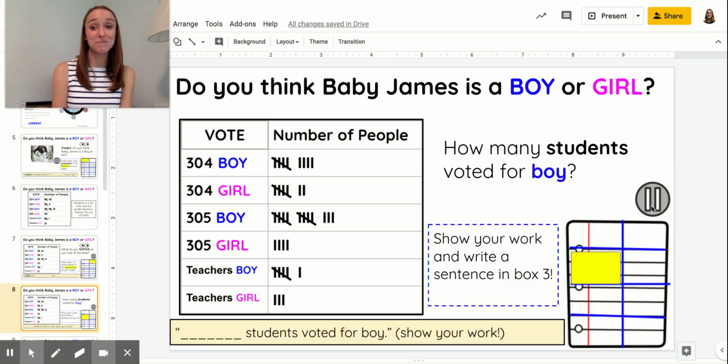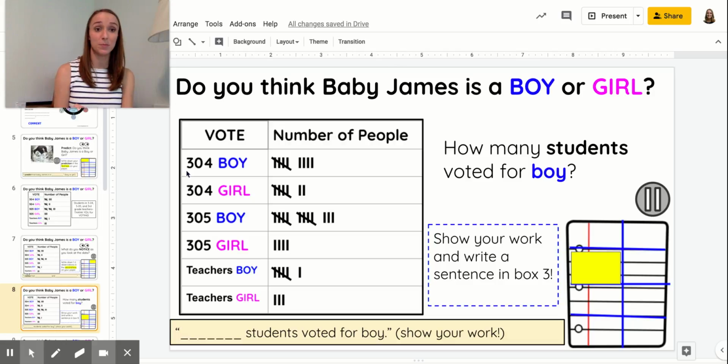All right, question number 3. How many students voted boy? Now, in this third box here, I want you to look at the tally marks. Look at the sections or the titles that are just talking about the students. And I want to know the total number of students that voted boy. Now, don't just write a number. I also want to see your work.